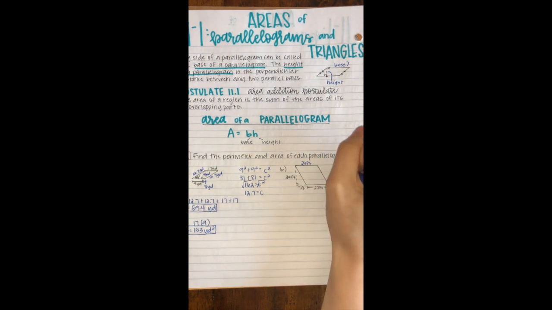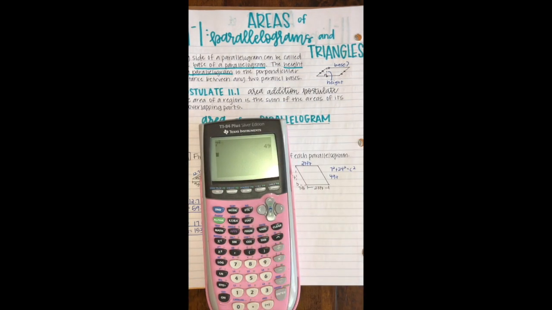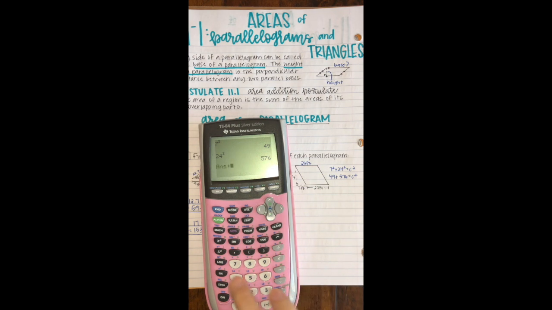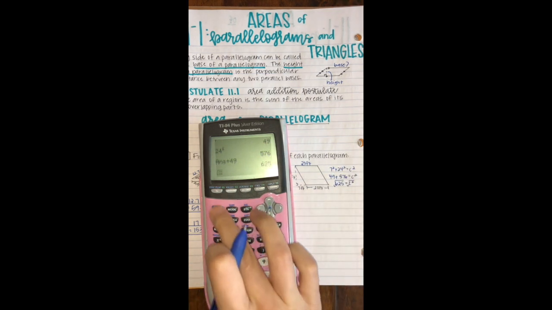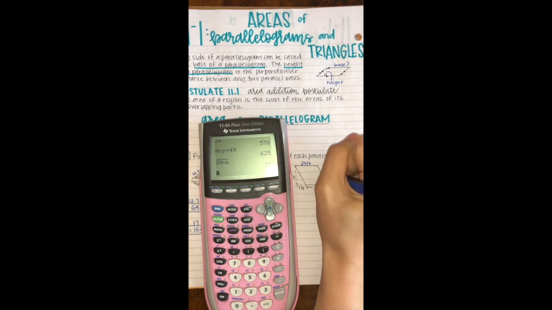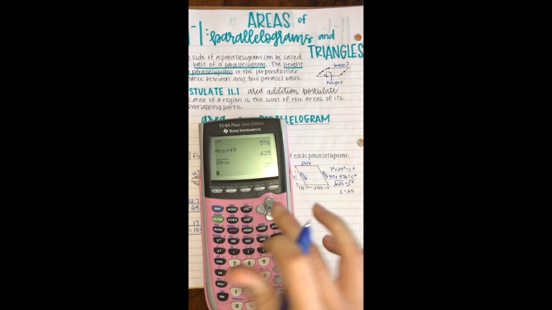So we could do 7 squared plus 24 squared equals c squared. 7 squared is 49. 24 squared is 576. We'll add those together and get 625. And then take the square root. And we get that the slanted side is 25. So that means that this is 25 feet and this is 25 feet.